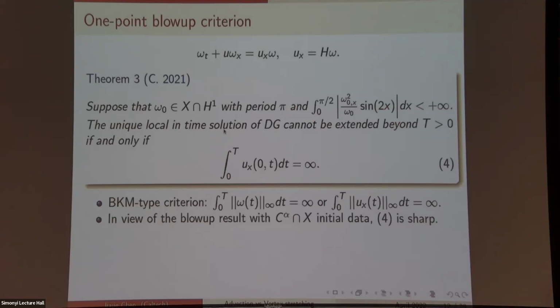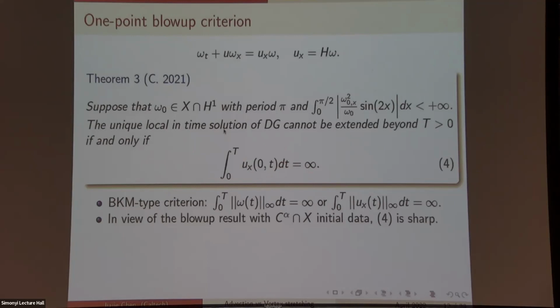We know that for this model, we also have the BKM type blowup criterion, that the L infinity norm of the vorticity or the Lipschitz norm of the velocity controls the blowup. Here, we replace this L infinity norm by this one point. The meaning of this criterion is that under this sign and symmetry property, the gradient of the velocity most likely blows up at the origin. So that's why this point can control the blowup.